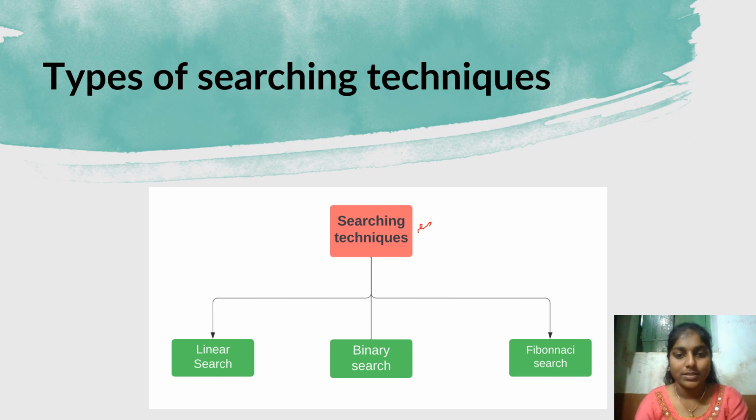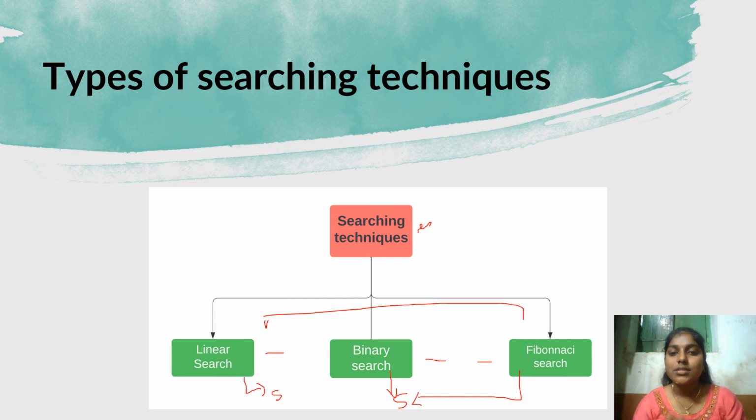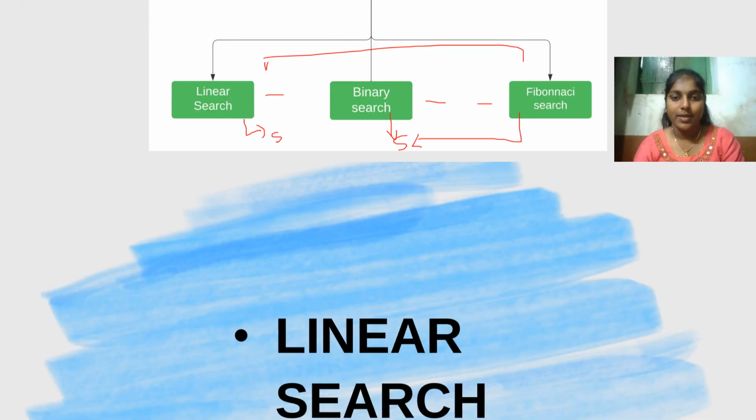For linear search, we can use both sorted and unsorted arrays, but binary search can only be used on sorted arrays, and the same goes for Fibonacci search.